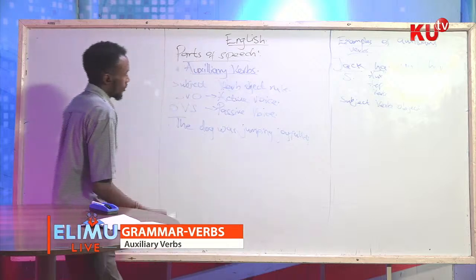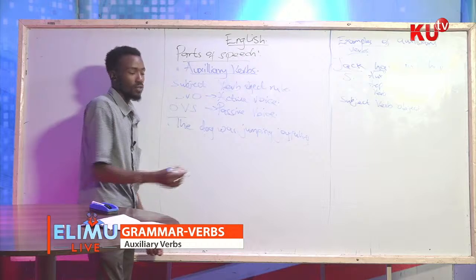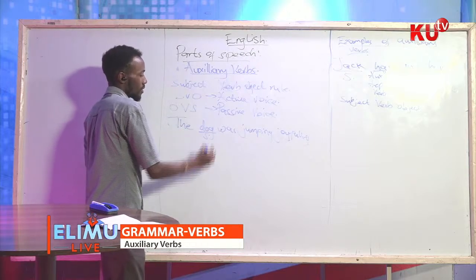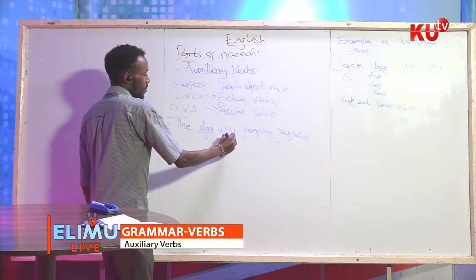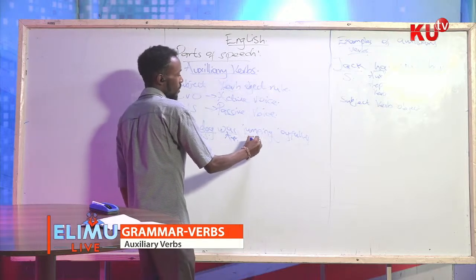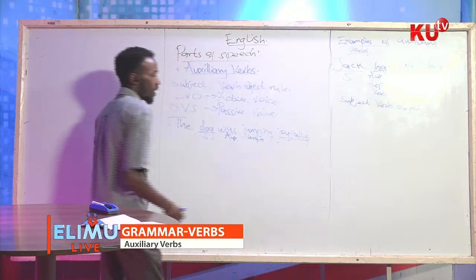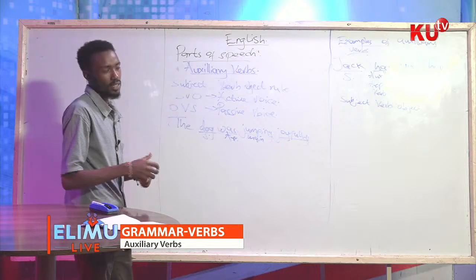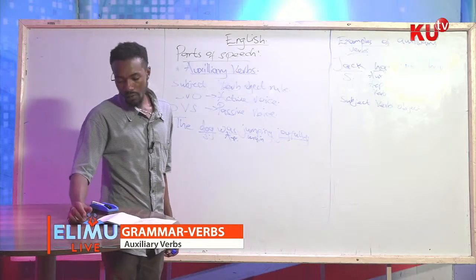In this case, you can see that the dog is the subject. Was is the auxiliary verb. Jumping is the main verb. And joyfully is just an explanation of how he was doing it. It's an adverb.